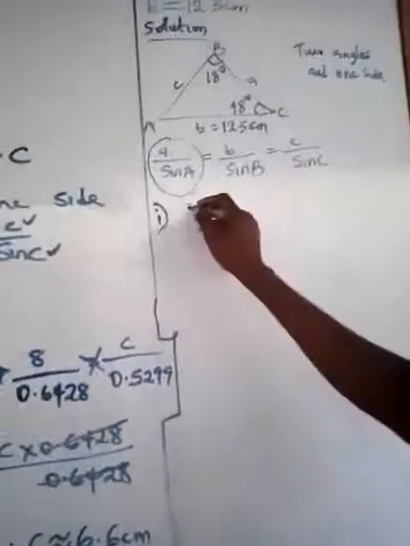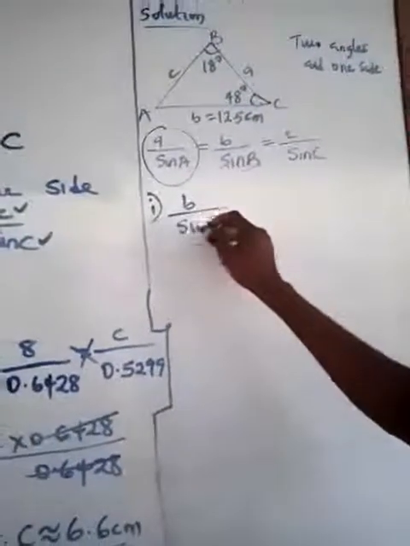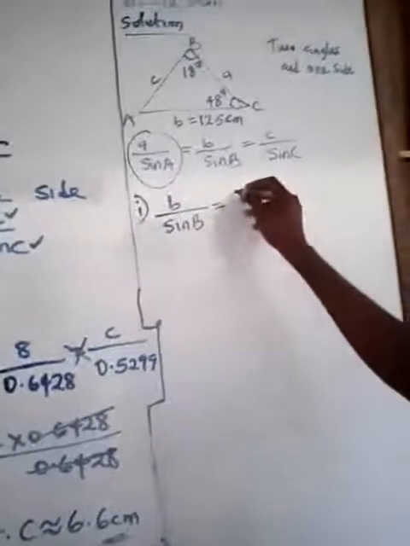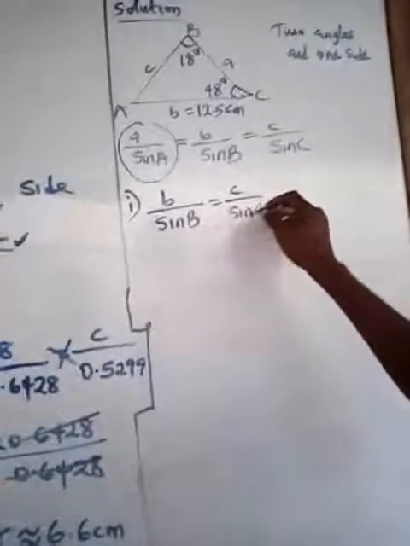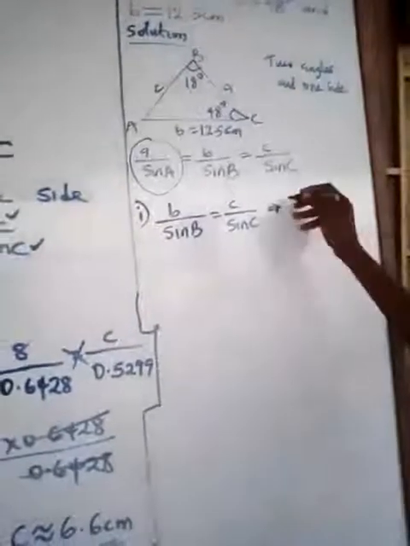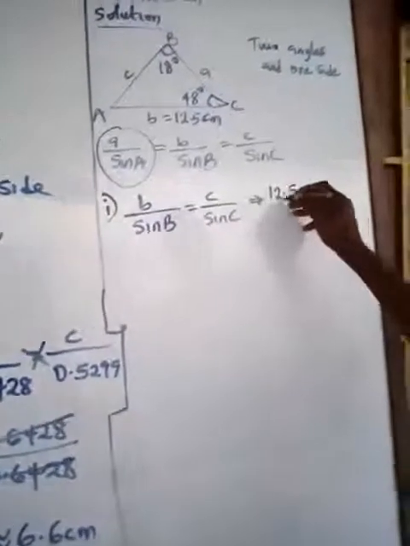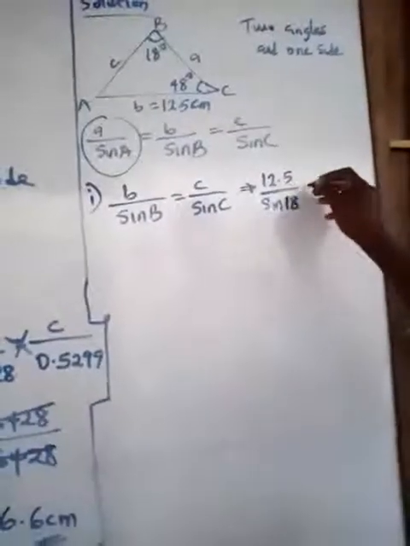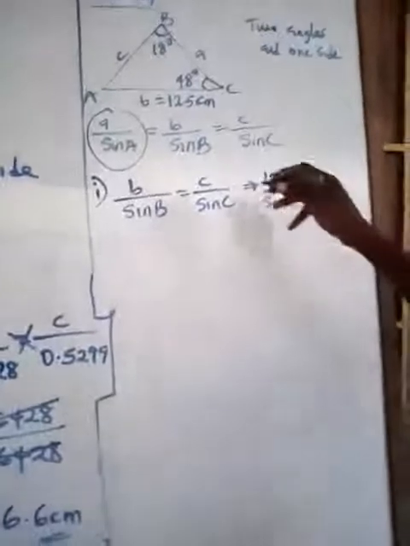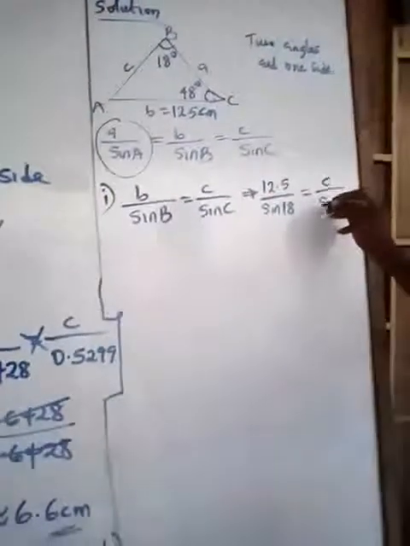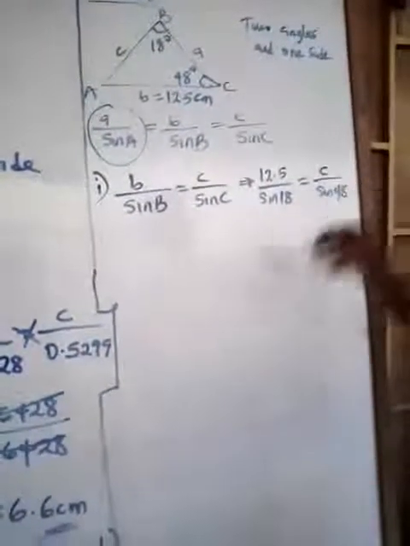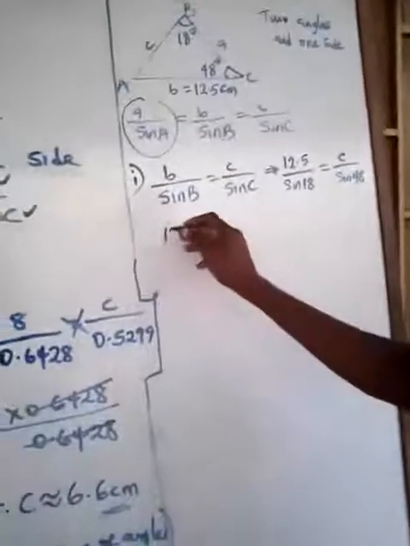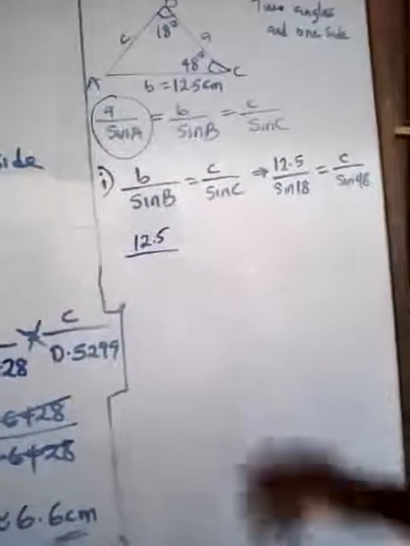So it's going to be b over sine B is equal to c over sine C. Now small letter b is 12.5 over sine angle B, that's 18, is equal to small letter c, that's what we are looking for, over sine 48.